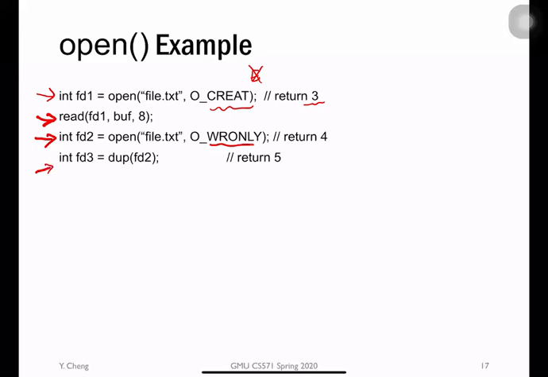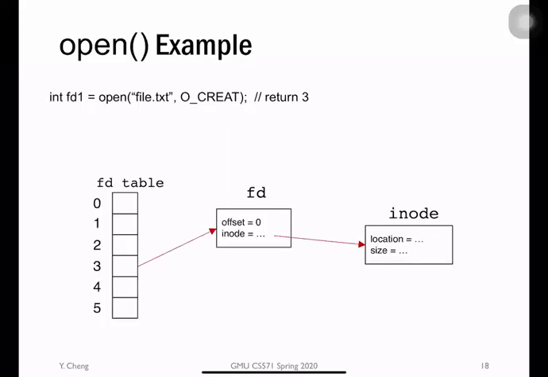As a result, it has a corresponding file descriptor value of 5. Okay, so in the next couple of slides, I will show you how the underlying data structure looks like in correspondence to these four different lines.